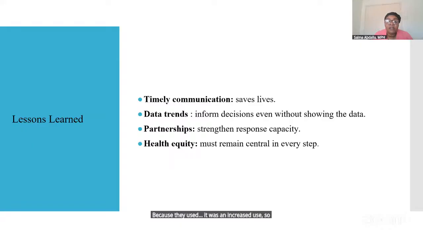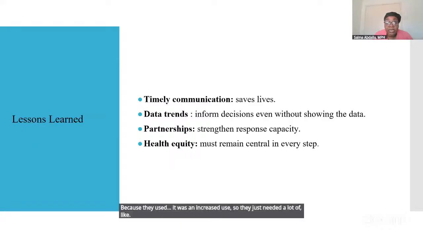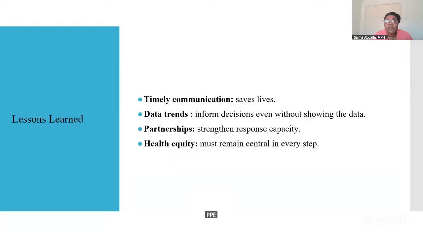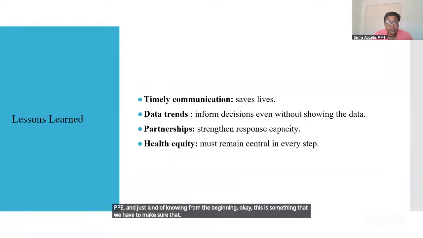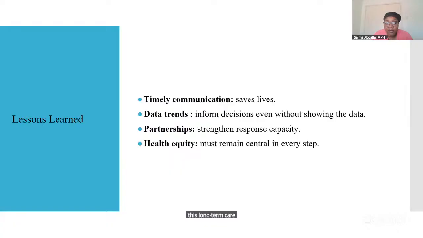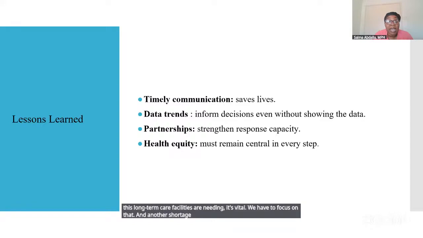They just needed a lot of PPE, and knowing from the beginning, okay, this is something that we have to make sure these long-term care facilities are getting. It's vital. We have to focus on that. And another shortage I remember was staff. That was insane. A lot of them were getting sick and they were positive and they couldn't come to work.